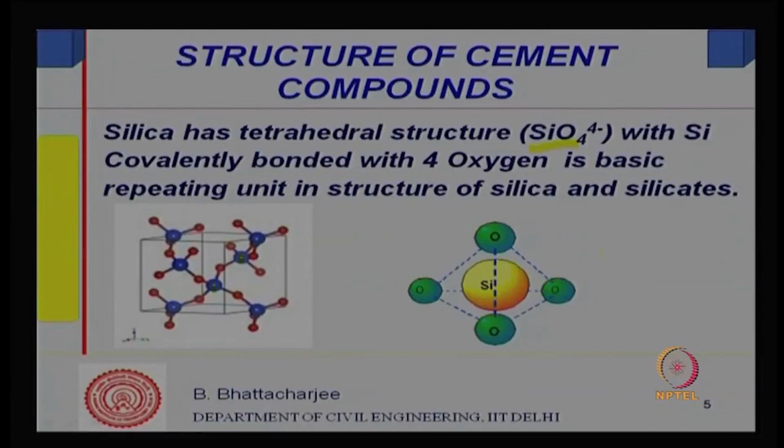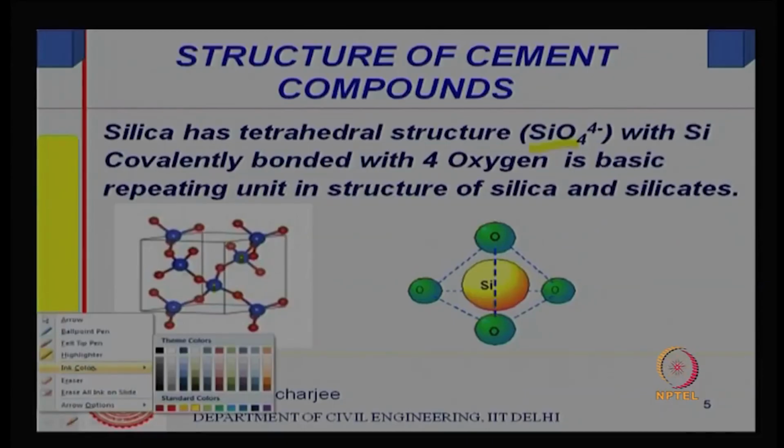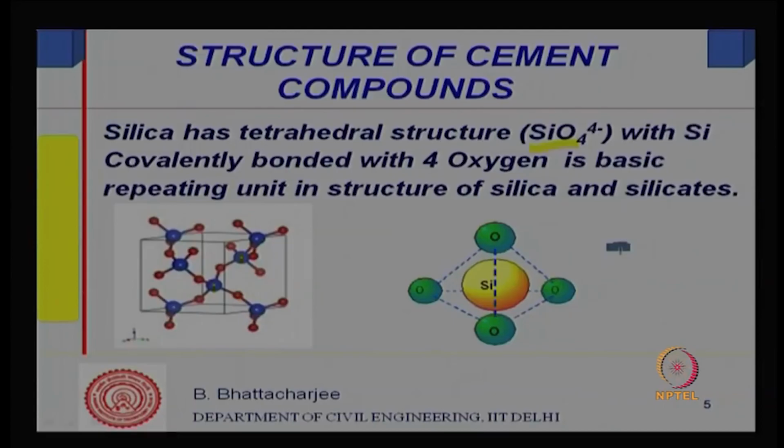Therefore, each oxygen is connected to 2 silicon. So, if 4 oxygen combine with 1 silicon, since each oxygen combines with 2 silicon, the structure of SiO2 would be a repetition of this tetrahedra. So, this tetrahedra on repetition forms SiO2, or the compound silica.